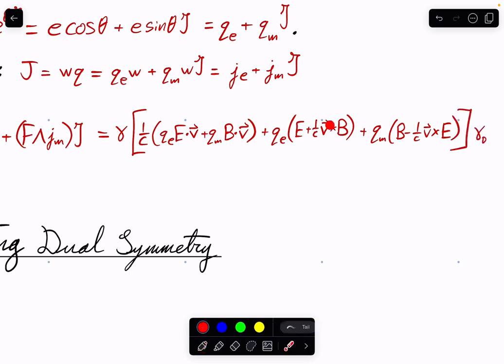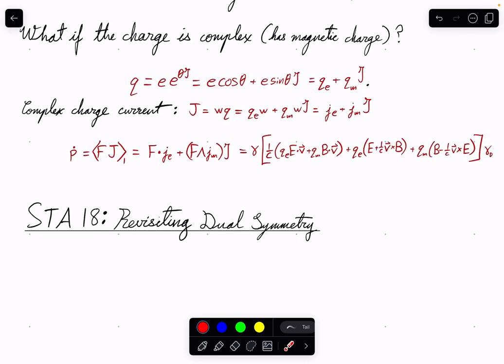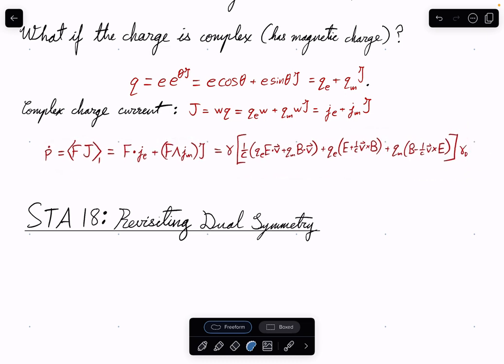You just have contributions from the magnetic charge here and here. So it's just a more encapsulating formula.